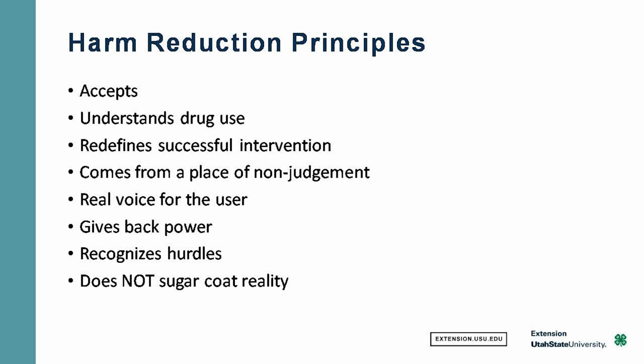And then next, understands drug use. You're going to understand that it's a complex and multifaceted phenomenon that encompasses a continuum of behaviors, from severe abuse to total abstinence. And you're just going to acknowledge that some ways of using drugs are safer than others. It redefines successful intervention.